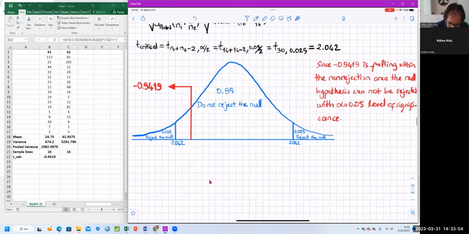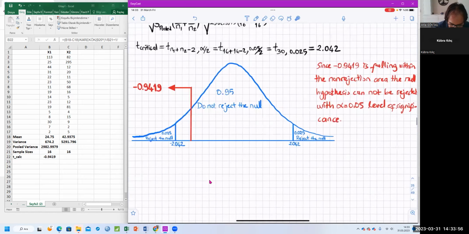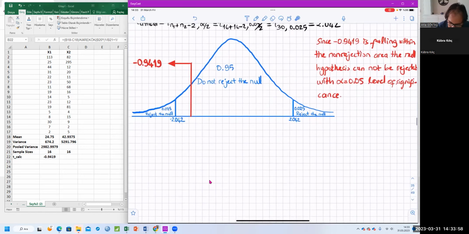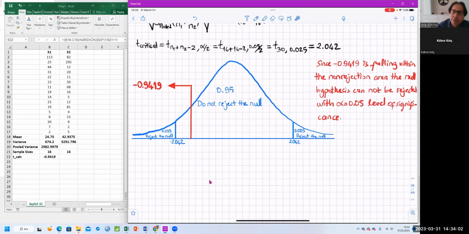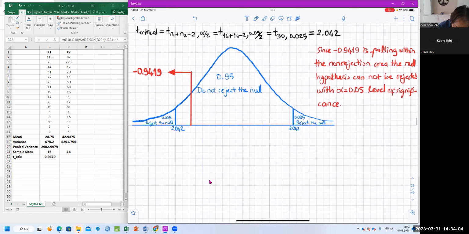Okay, you can also try to establish a confidence interval for the two mean difference.